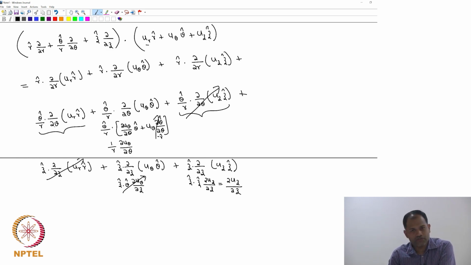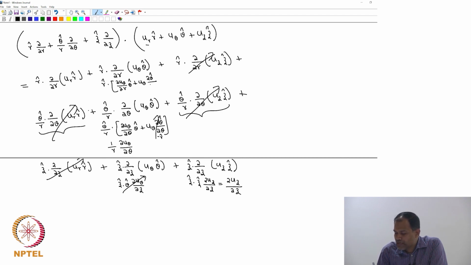How about this term? r cap is independent of theta, so I can pull that out. So I get theta cap dot r cap, that will go away. In this term I can pull out z cap, so that will go away. Here I need to be careful because theta cap is dependent on r and I should do a product rule. So I have to do r cap dotted with dou u theta divided by dou r into theta cap plus u theta into dou theta cap divided by dou r.